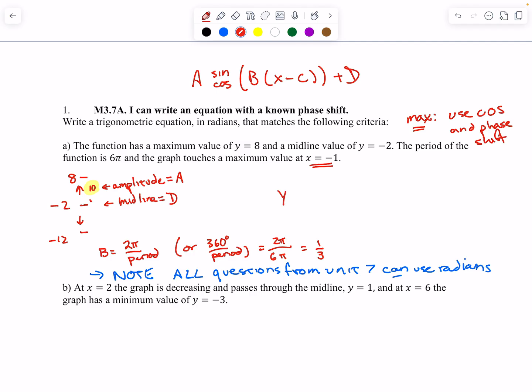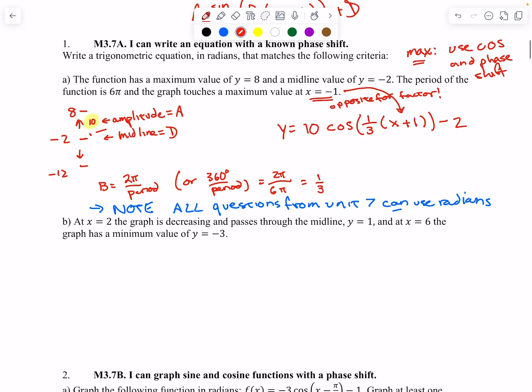So again, the amplitude is A. The period was 6 pi, but we figured out the B was 1/3. The phase shift is this stuff. X minus -1 is x plus 1, so it's opposite. And then D was -2, so I'll just write -2.